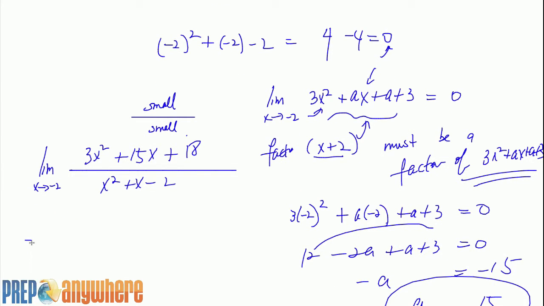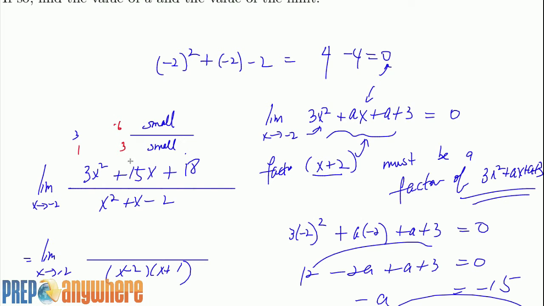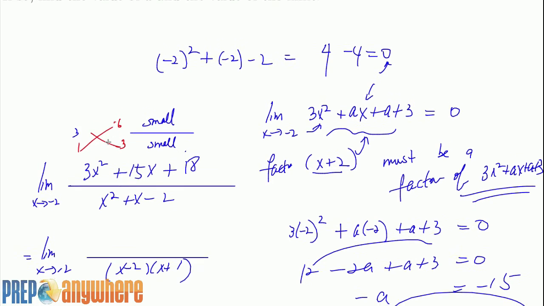Okay, so let's factor that. And it's x minus 2, x plus 1. So it'll factor with 3, 1. So 6 and 3. Sorry, yeah, so 6 and 3 like that. So it's 9 plus 6, that's 15.